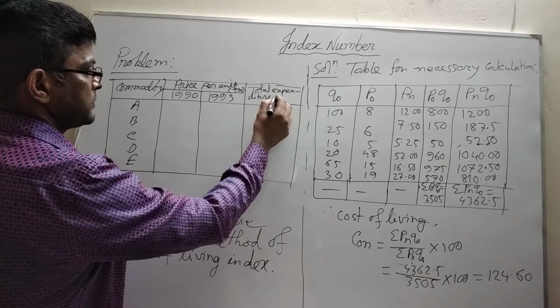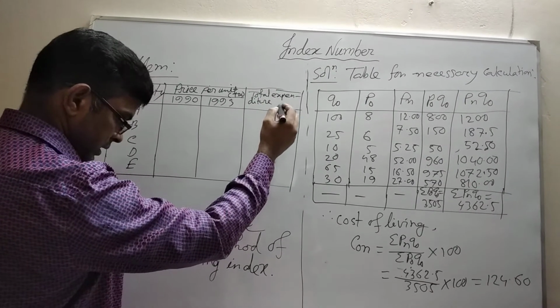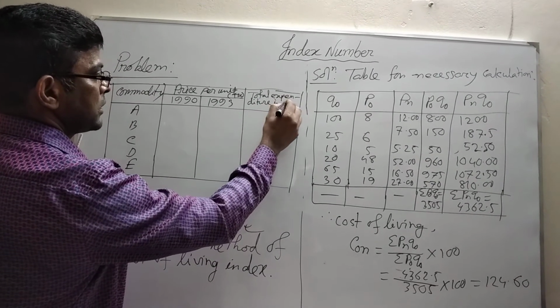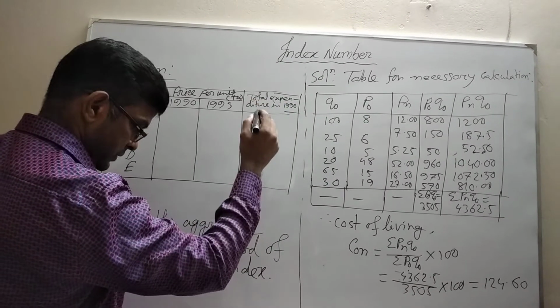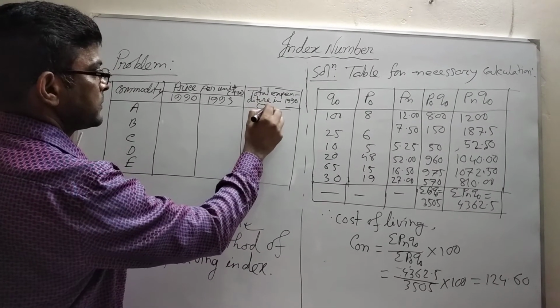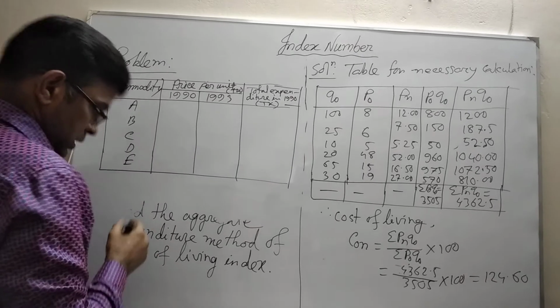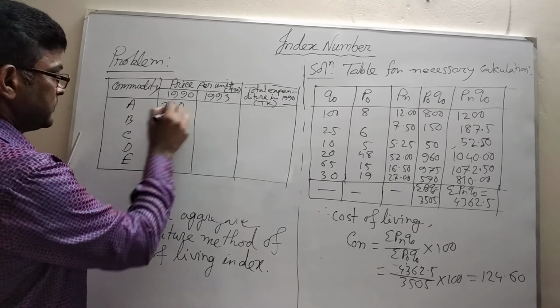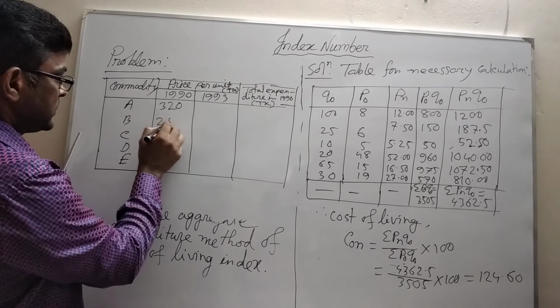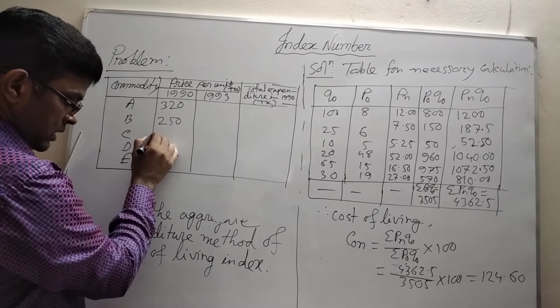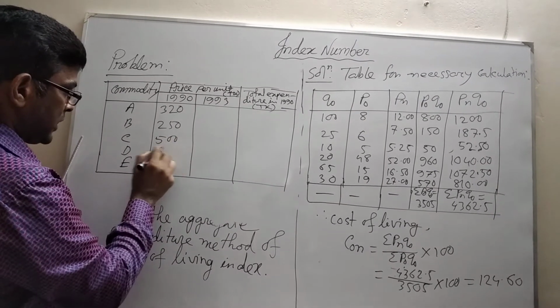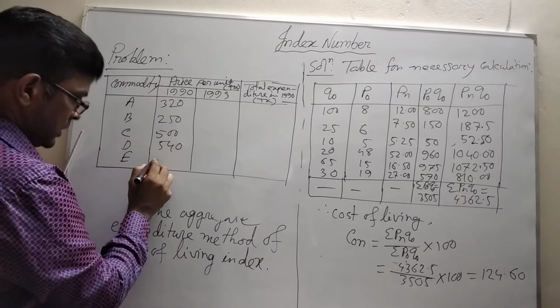Base year price: 320, 250, 500, 540, 1200.